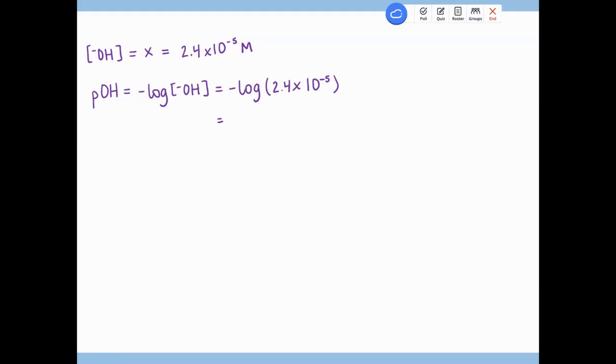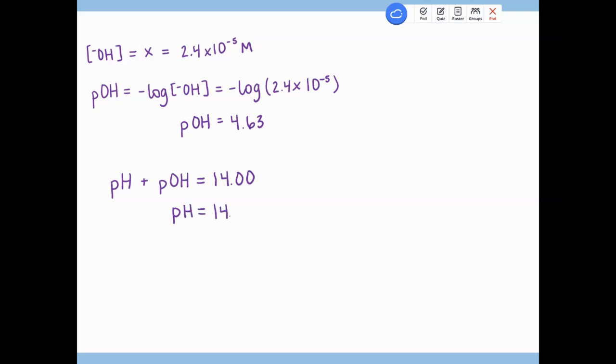We get 4.63 for pOH. And then we use the relationship pH plus pOH equals 14.